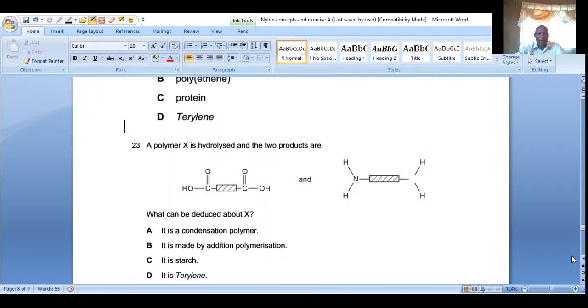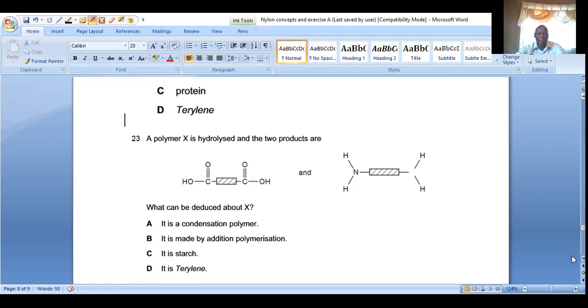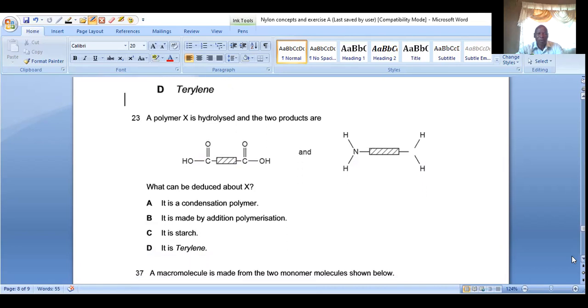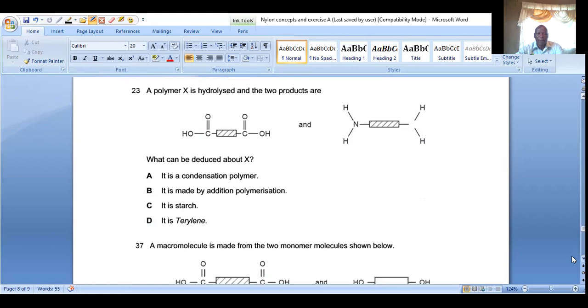Number 2, a polymer X is hydrolyzed and the 2 products are formed. These monomers are formed. So this is a monomer and this is a monomer.